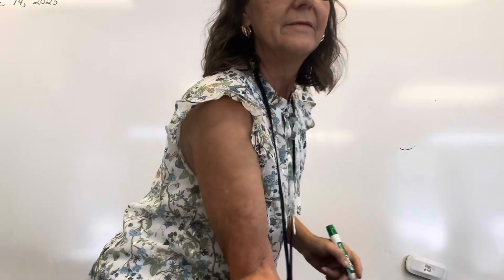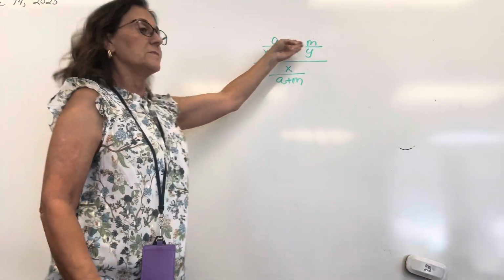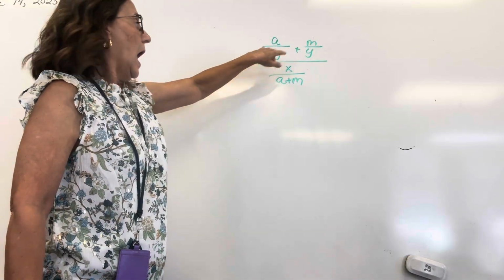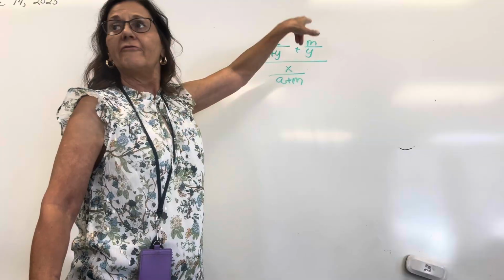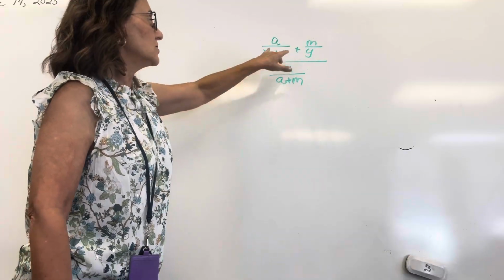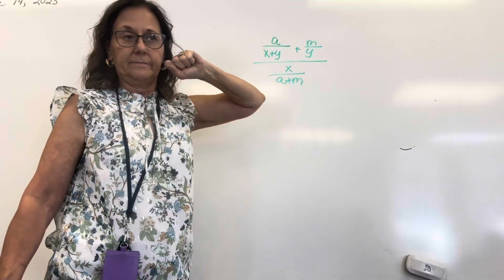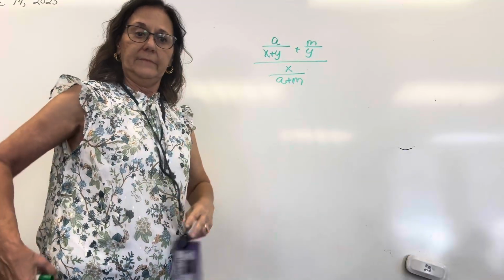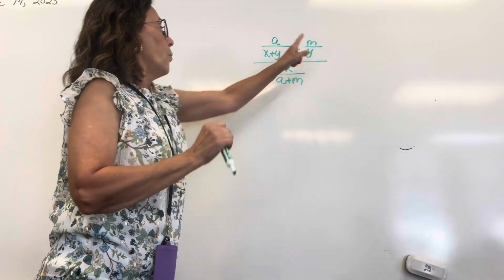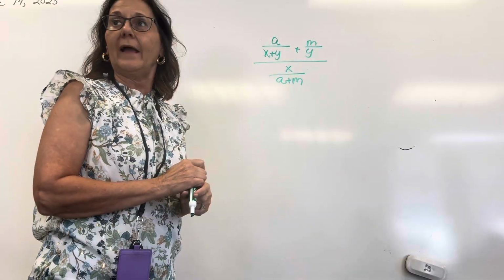All right. I have terms added in the numerator over a single denominator. I want a single fraction in the numerator. So I'm going to make a common denominator. What is going to be my common denominator in the numerator? Y times x plus y.